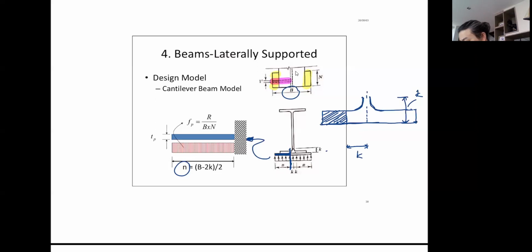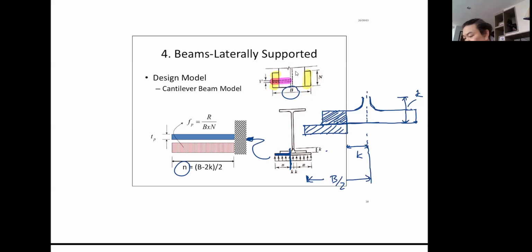The length that you actually have to design for is the length of this plate, and that is K. That is why it's the entire length minus 2K divided by 2, or if you measure everything to the middle, that is half the width of your plate, then minus K. It's the same thing.